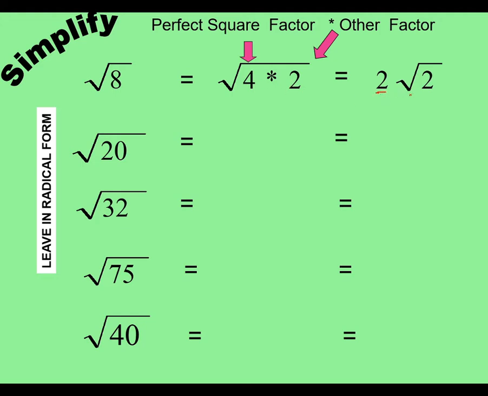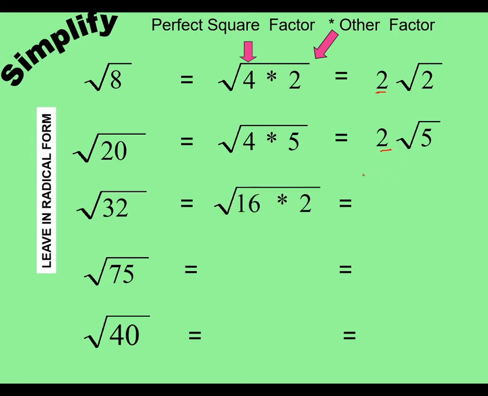Then, wala namang perfect square root ang 2, kaya square root of 2. And square root of 20, that is 4 times 5. So, 2 square root of 5. And square root of 32, this is 16 times 2. 4 square root of 2.